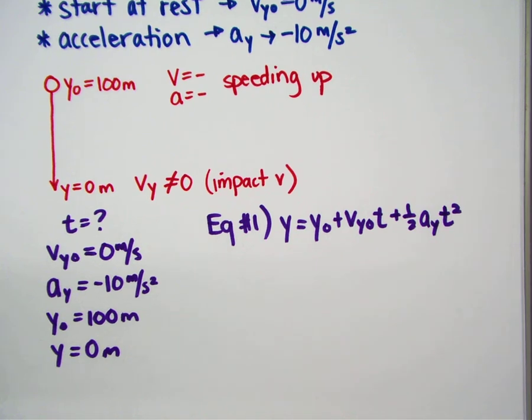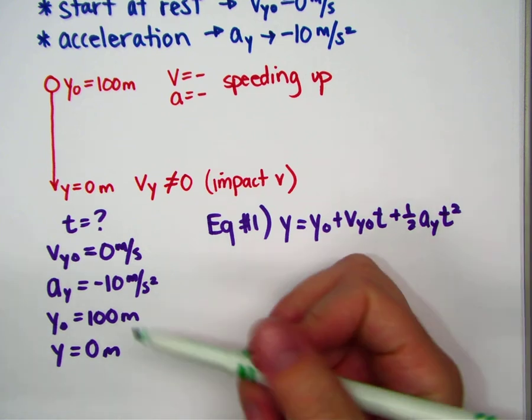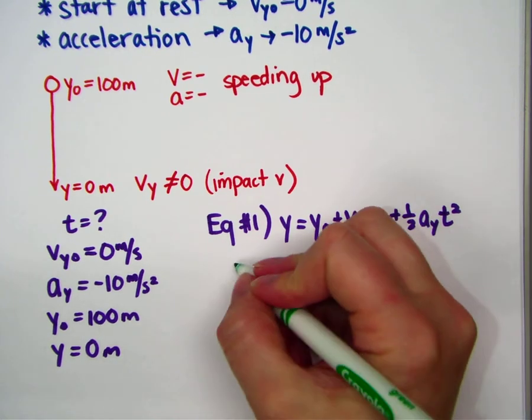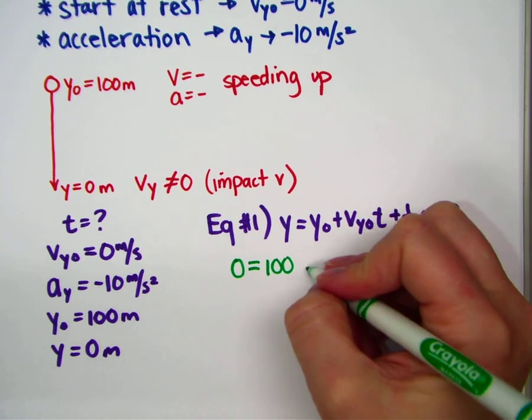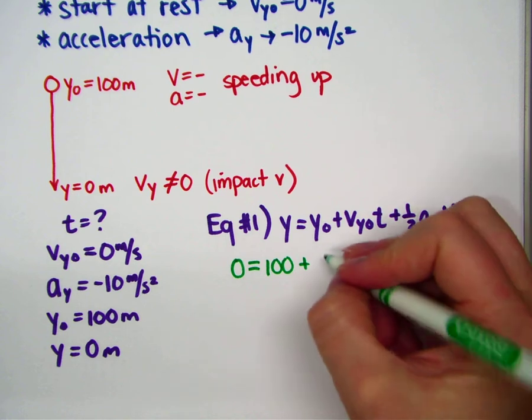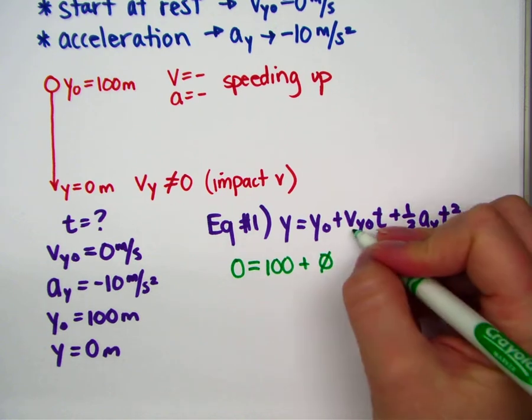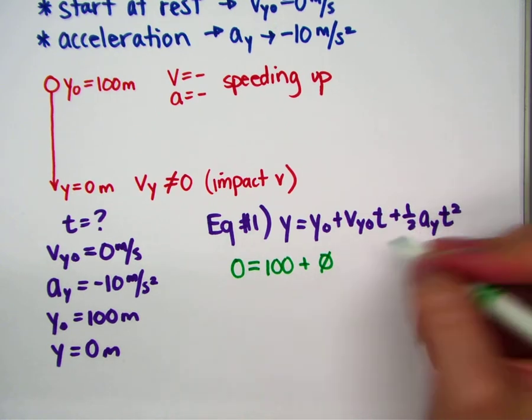Okay? Now let's solve. Plug in the numbers to the corresponding variables. Okay? Y we said is 0. Y0 is 100. Vy0 is 0. And 0 times anything is always 0.